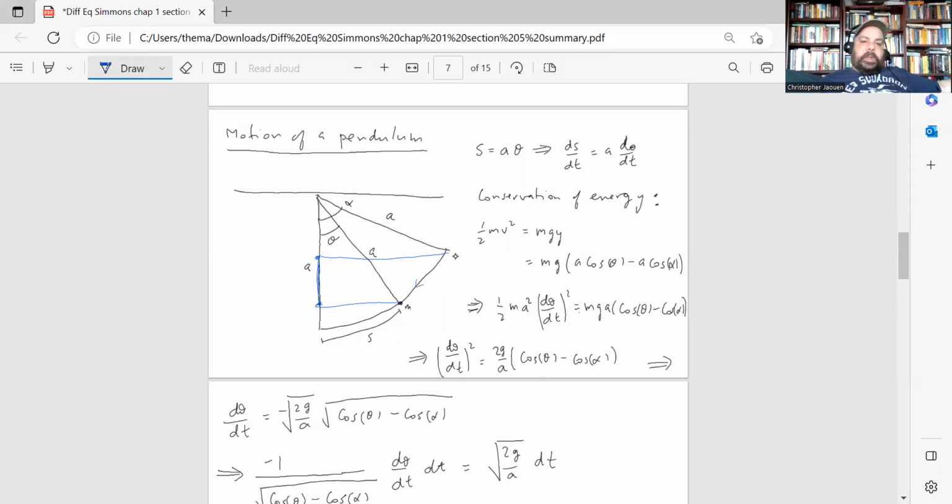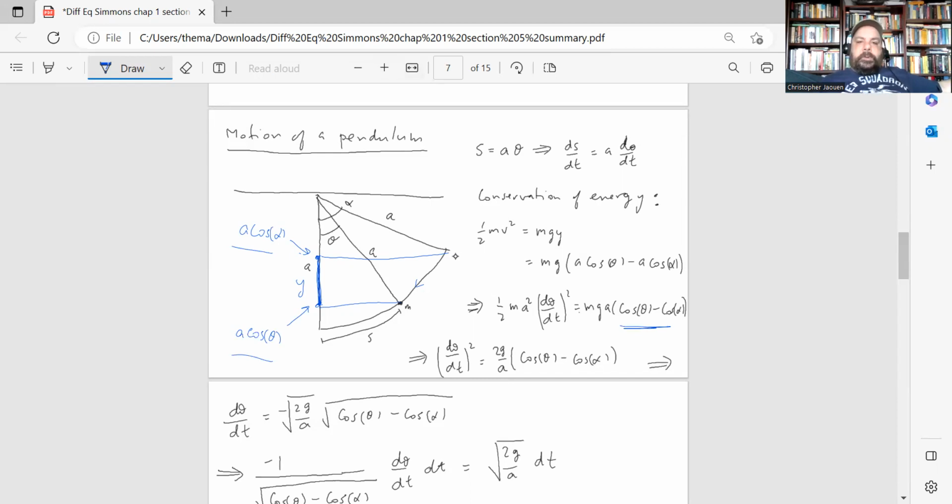And that distance y by trigonometry is this value here, a cosine alpha, minus this distance here, a cosine theta. The length here is this minus that, right? Which is what I have written here.